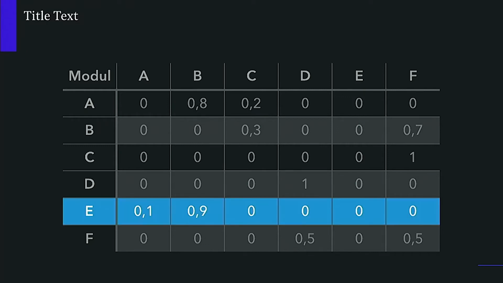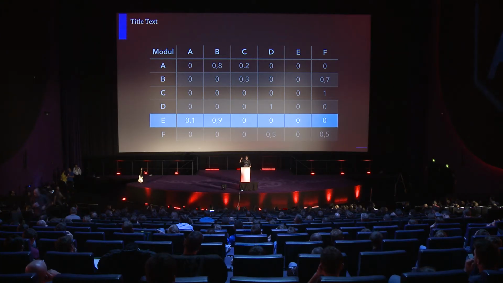And if you're in module E, for example, you just look for the exact row and find the column with the highest probability and load that module. So this is a Markov chain in a nutshell.